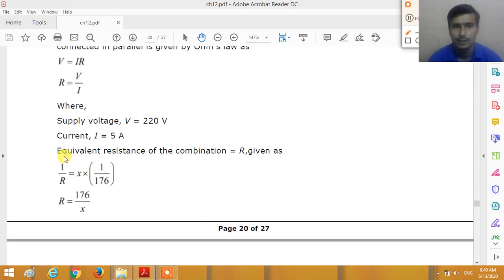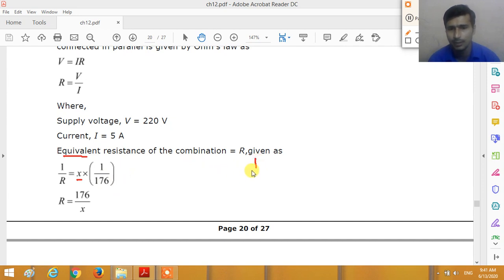Now suppose the equivalent resistance of the combination is R. Then 1 by R is equal to x times 1 by 176. Here 176 ohm resistors are connected in parallel. How many resistors? Let the number of resistors be x.